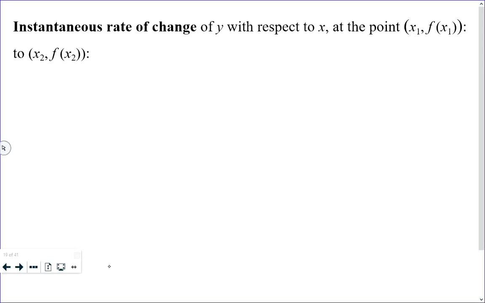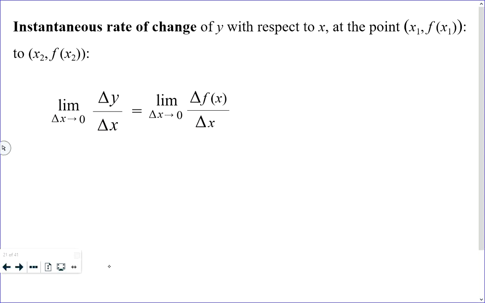Whereas instantaneous rate of change at a particular point is the limit as the run gets to be 0. And now we're encroaching on something that we'll talk about tomorrow. When you find the slope of a secant, it doesn't matter whether h approaches 0 or x approaches a or x2 approaches x1, the run is getting smaller and smaller while one end stays fixed.